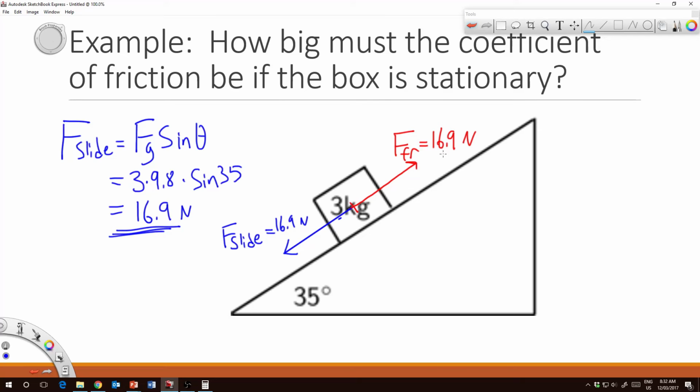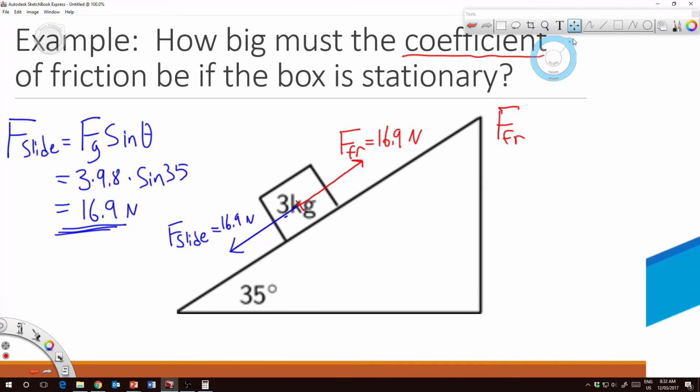How do I go about figuring out the coefficient now? Well, if you remember, force of friction is equal to mu times Fn.